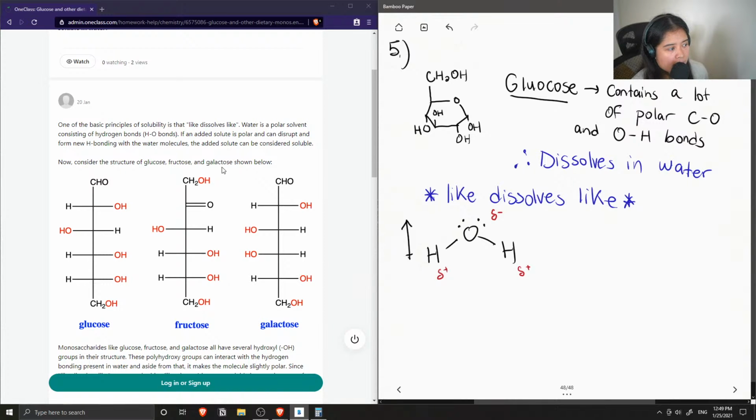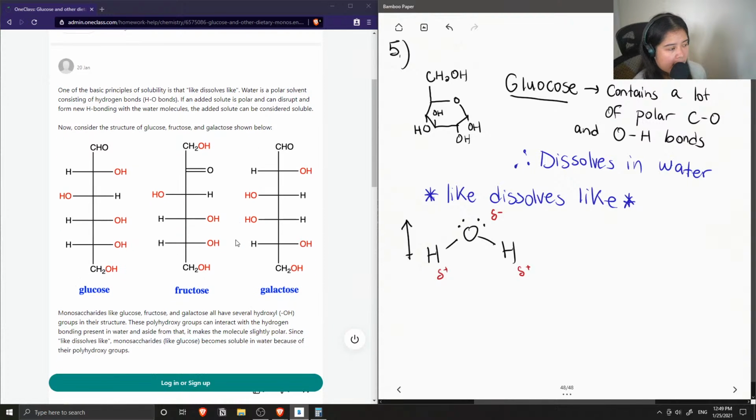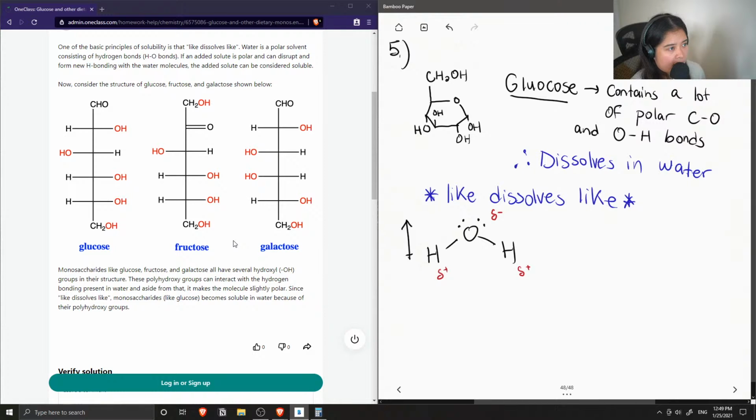Now consider the structure of glucose, fructose, and galactose shown below. Here they have the linear structures of all of these different sugars, and they highlighted all of the alcohol groups contained in the structures. So monosaccharides like glucose, fructose, and galactose all have several hydroxyl groups in their structure.